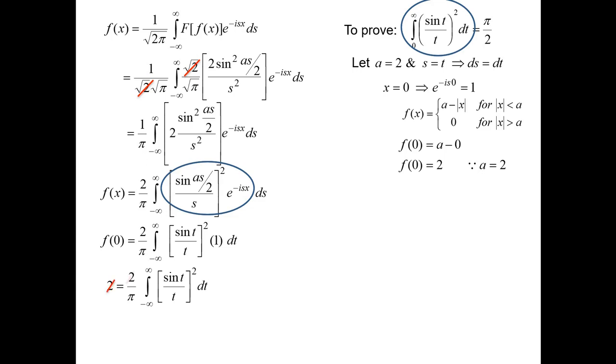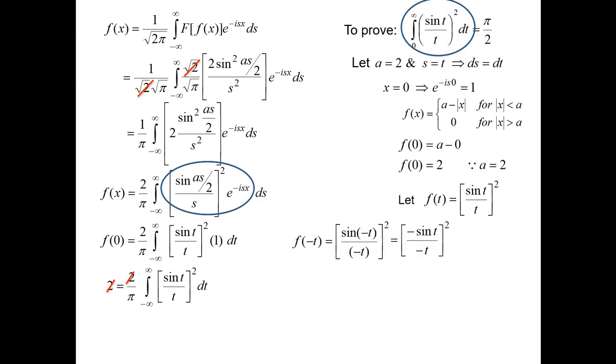We can cancel this left hand side term and right hand side too. We get 1 divided by pi only. So here we want to take that f of t is equal to (sin t by t) the whole square. We want to check whether this function is even or odd. By replacing t by minus t, we get f of minus t is equal to (sin of minus t by minus t) the whole square.